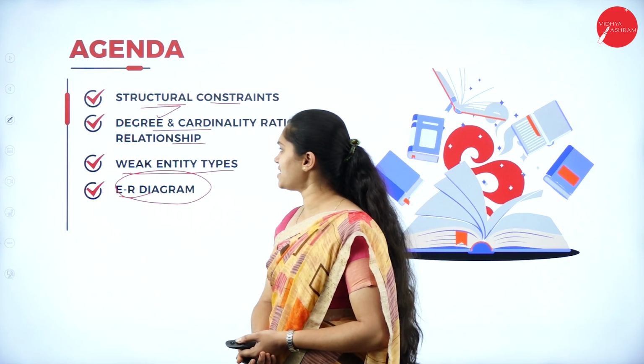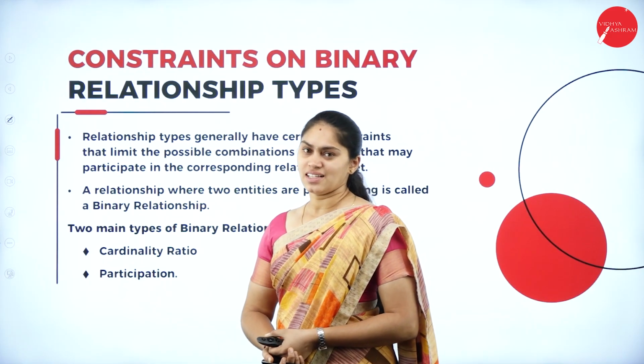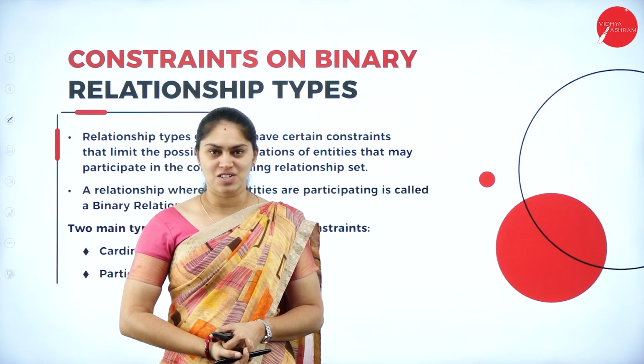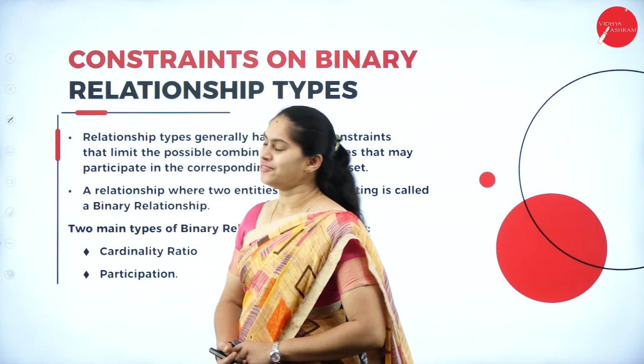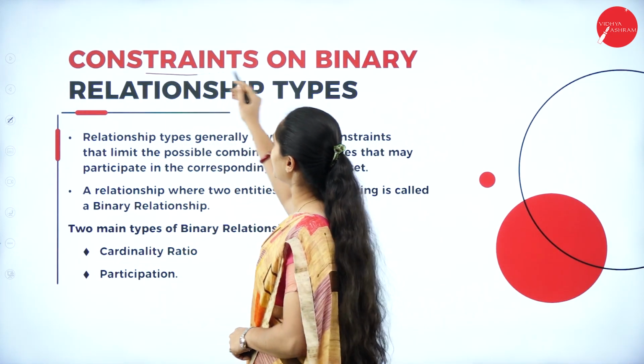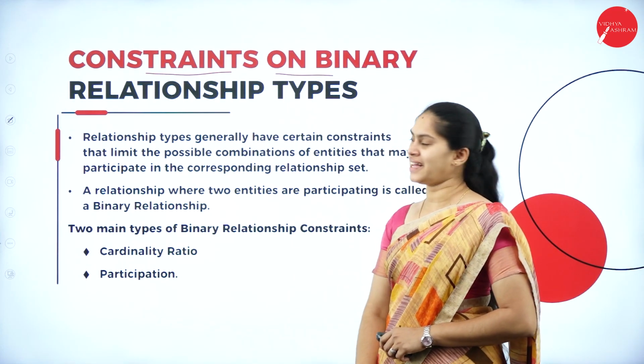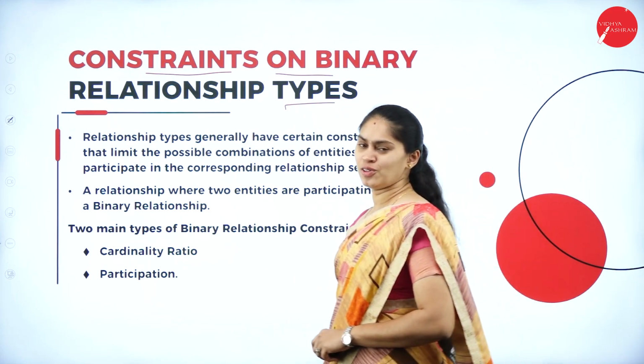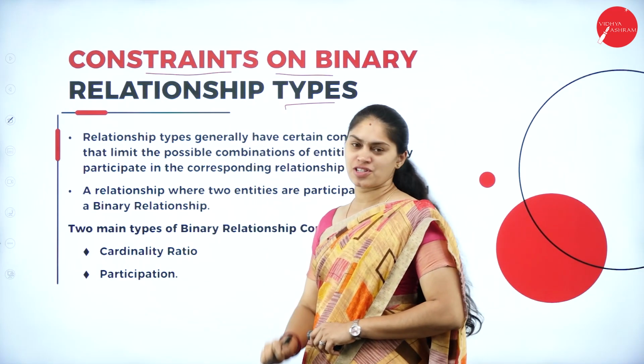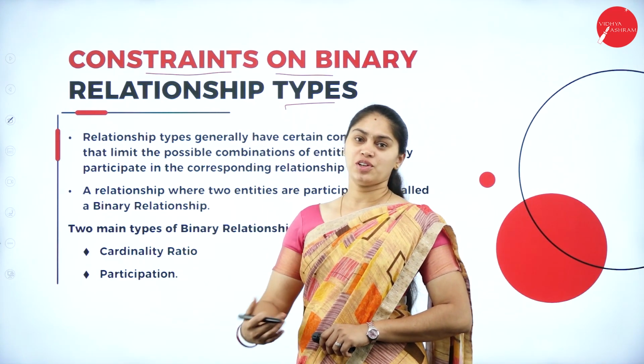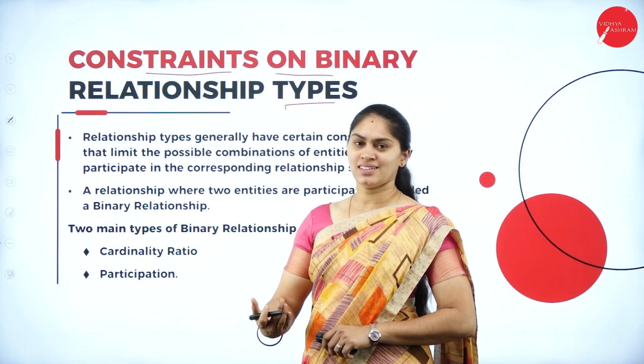Let me get into the first content, that is regarding constraints on binary relationship. So now we'll see the first topic that we have, that is all regarding constraints on binary relationship types. Already you know that we have different kinds of relationship here. It includes unary relationship, binary, ternary, n-ary.